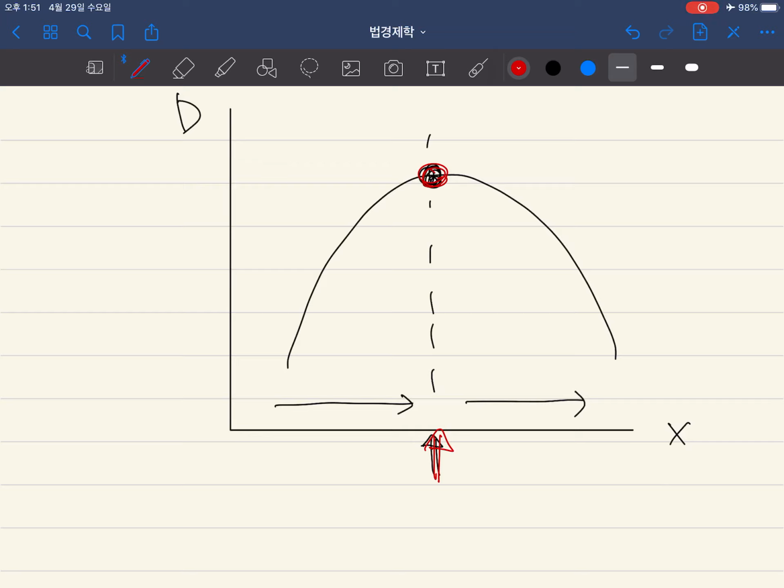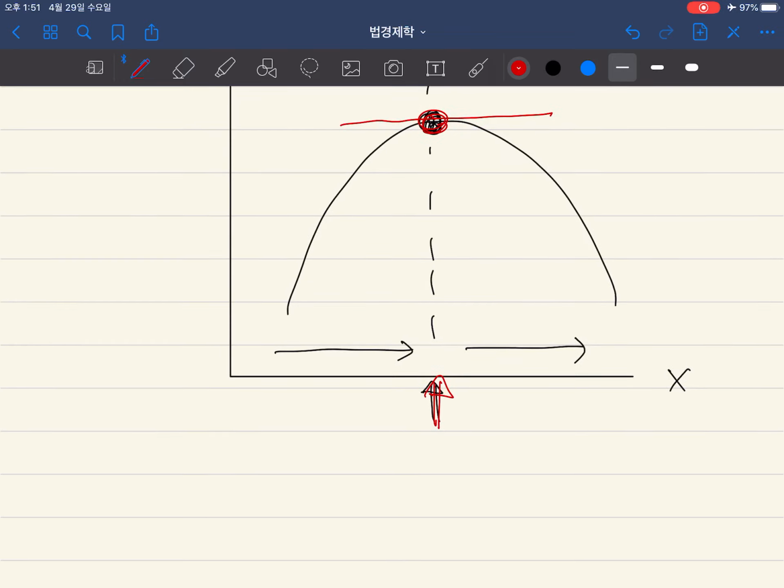So in other words, what's happening? Slope is exactly equal to 0 at this point. And from our previous formula, the slope of our iso-cost curve is given by this formula.